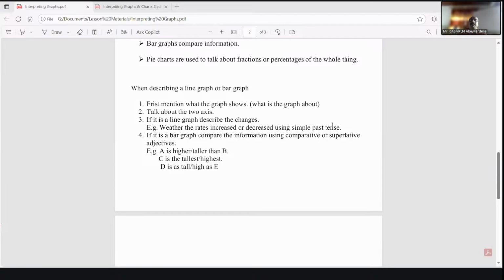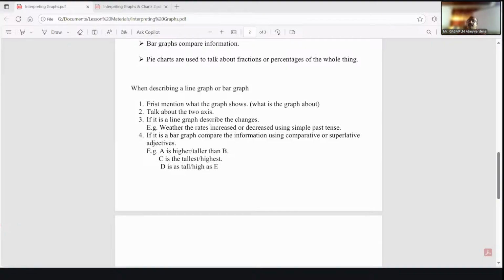Grammar is also useful. When we talk about item 1 and 2, that is, what the graph is about, and the 2 axes, you have to use the simple present tense. When we describe the changes, mostly we have to use past tense.